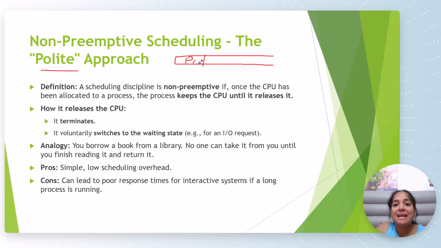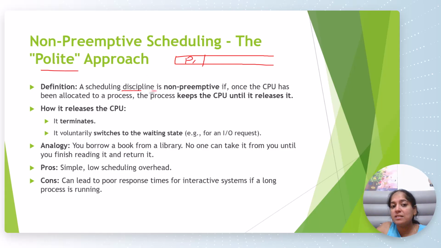This process cannot be released by the processor until it completes, until it finishes its execution. The processor cannot leave the process in between until the execution of the process is complete.